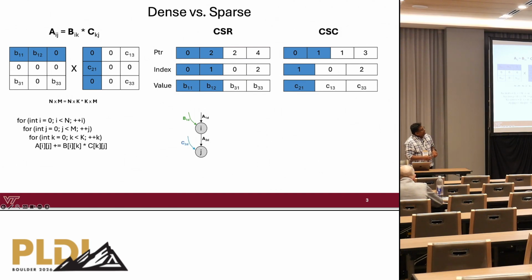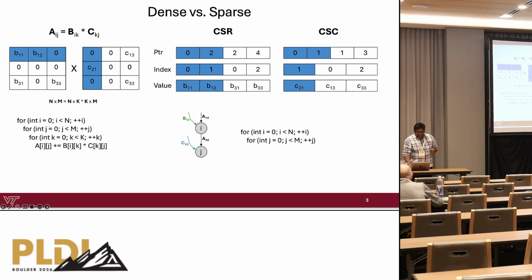Since the B matrix gets compressed along the rows, the first dimension of the matrix is a dense dimension, and the second dimension is sparse. The second dimension depends on the first dimension, and the same way for the matrix C, the second dimension is dense and the first dimension is sparse.